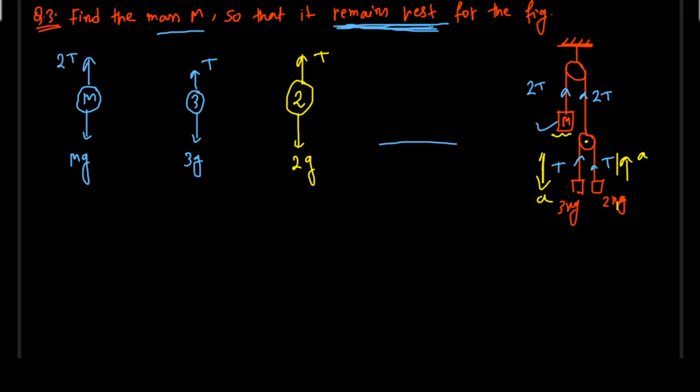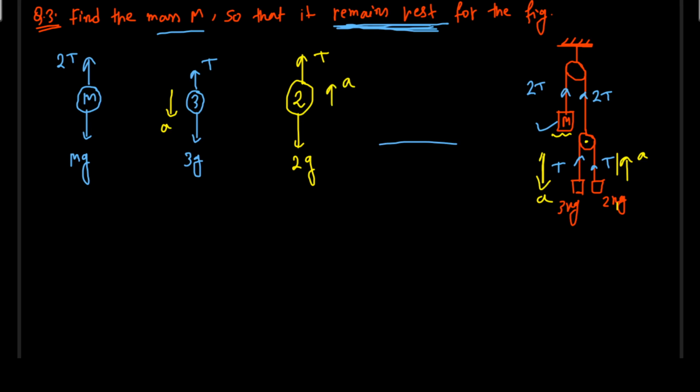And along which direction will they move? They will move in the direction in which the heavier mass is hanging, and here the heaviest mass is 3 kg. So the 3 kg block will move downward, and the 2 kg block will move upward. So the acceleration will be for the 3 kg block in this direction.